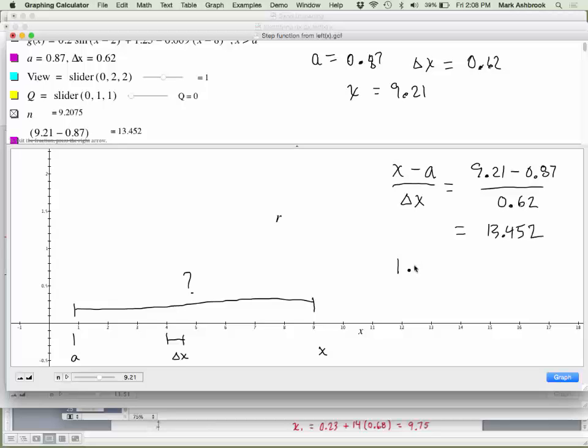Oh no, wait a sec. That's not right. It's not dx, because it's 0.452 of an interval. So 0.452 times delta x would be dx. So this is a fraction of an interval, 0.452, because it's a number of intervals. Make sense? So we have 13 plus 45% of an interval.